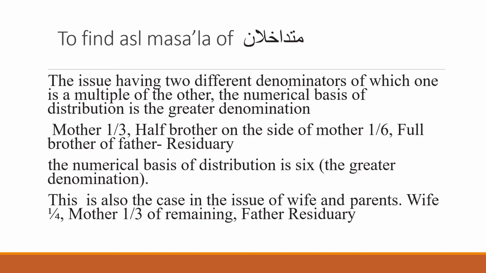So here there are two fractions, 1/3 and 1/6. The numerical basis of distribution is 6. Why is it 6? The greater denomination. Check 3 and 6, which is greater? 6 is the highest number. In the case of mutadakhilani, the highest number is the numerical basis.